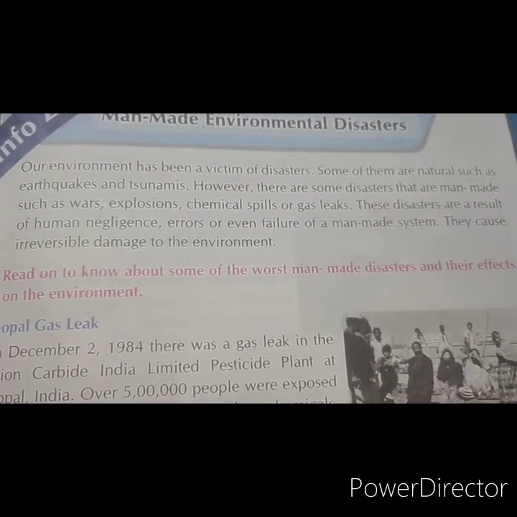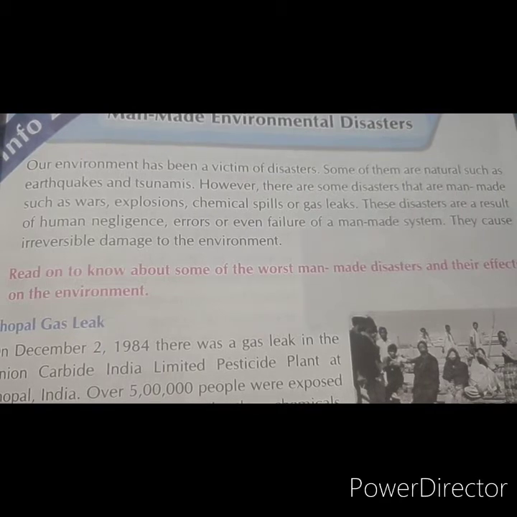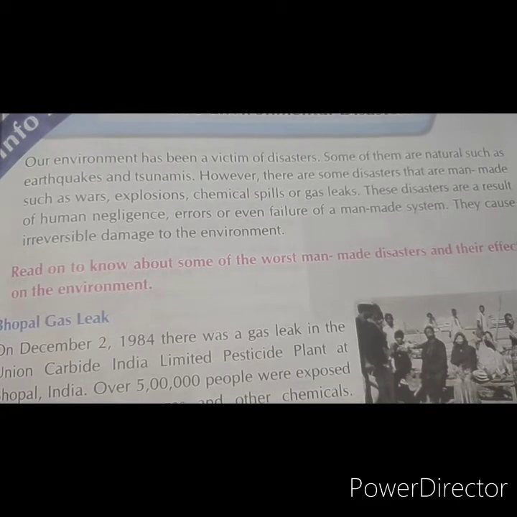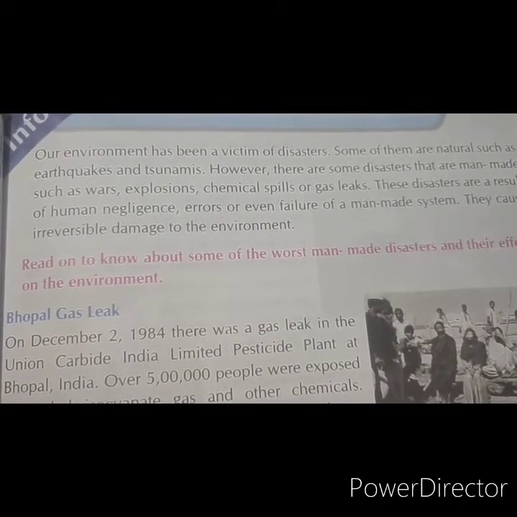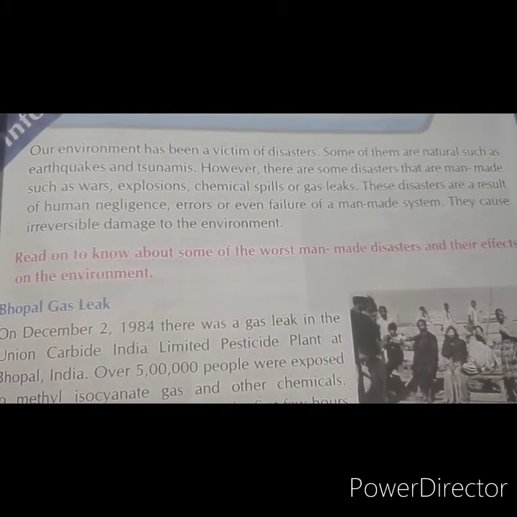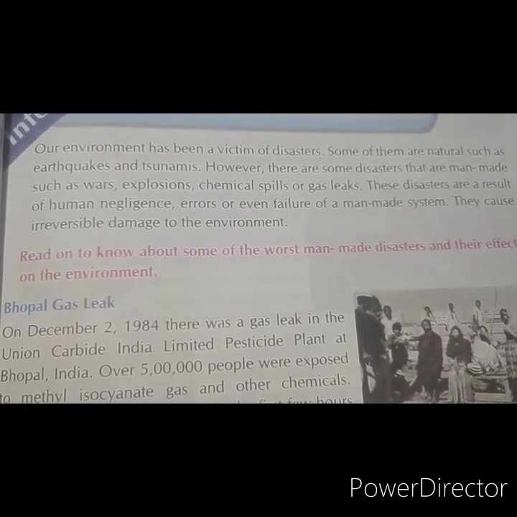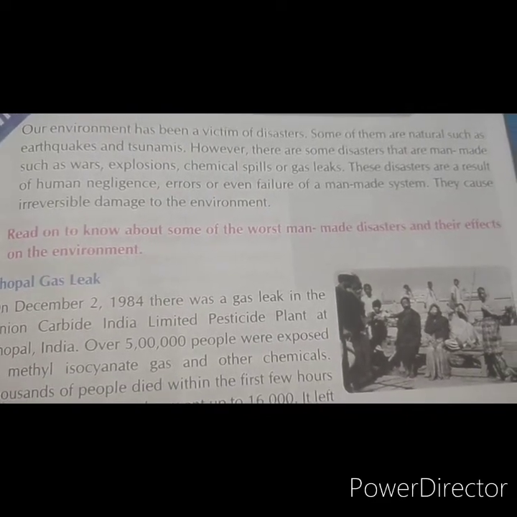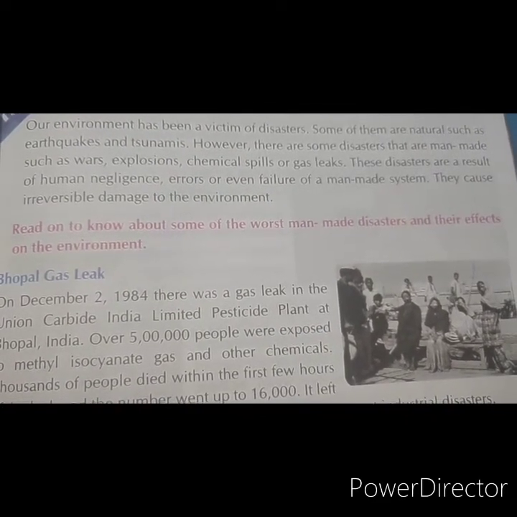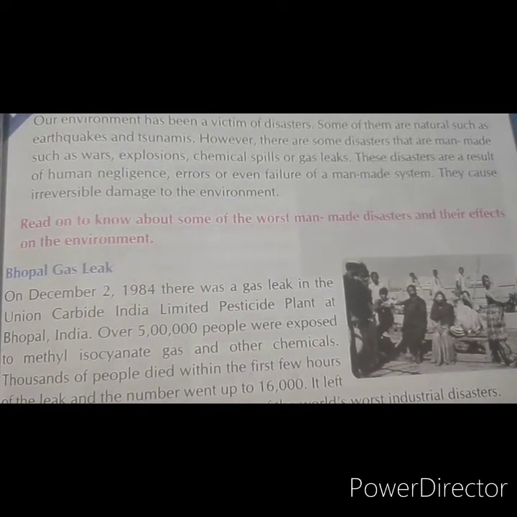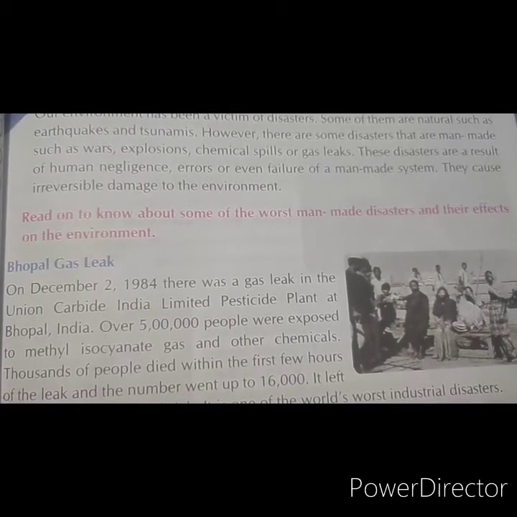These disasters are a result of human negligence, errors, or even failure of a man-made system. They cause irreversible damage to the environment. Read on to know about some of the worst man-made disasters and their effects on the environment.